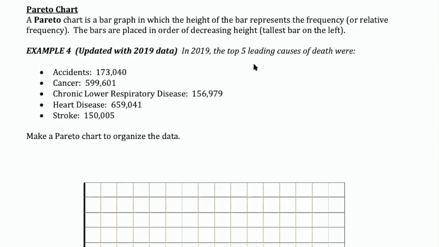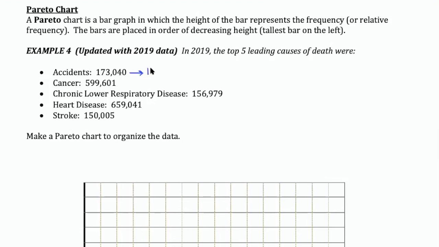In 2019, the top 5 leading causes of death were, and you can see I've got my data here. I'm going to make a Pareto chart to organize this data. When working with large numbers, just like in the last example, where they reported the data in thousands, that's a good idea to do here as well, because realistically, if I'm graphing by hand 173,040, I can't do that with a high degree of accuracy on a small graph.